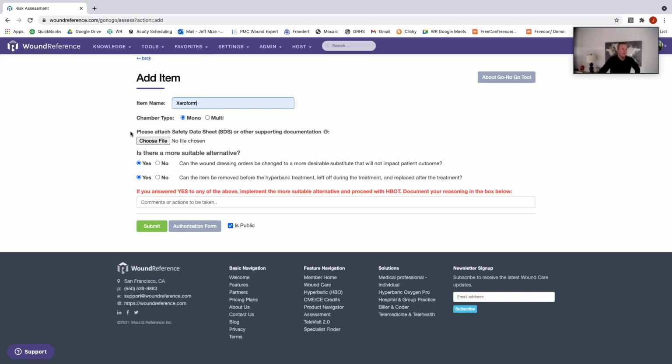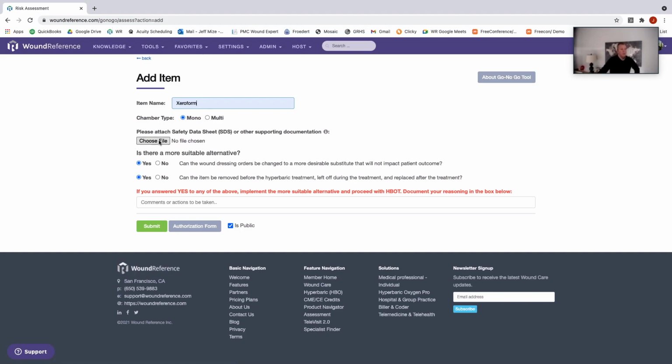In this case, we looked at the ingredients or the components of Zeroform, and the component we were most concerned with was petroleum jelly. We are able to find a safety data sheet on petroleum jelly that gives us the information we need to answer the remaining questions in the risk assessment.